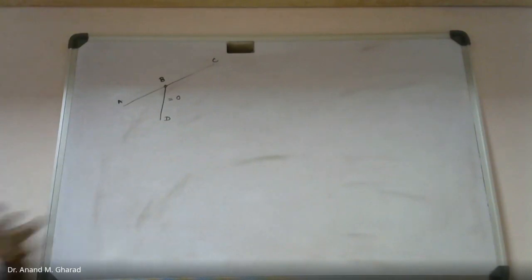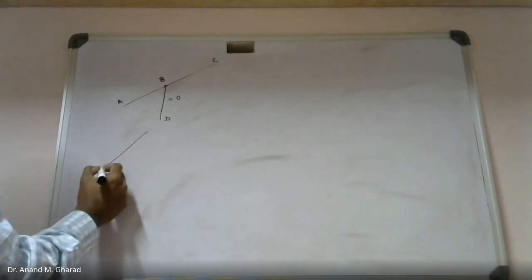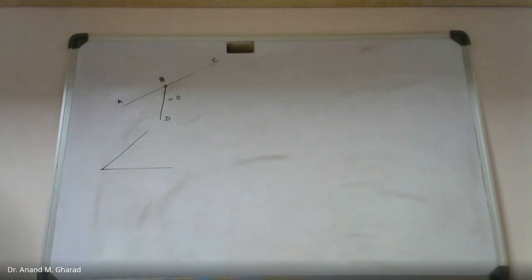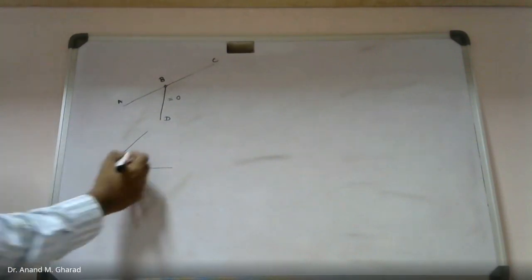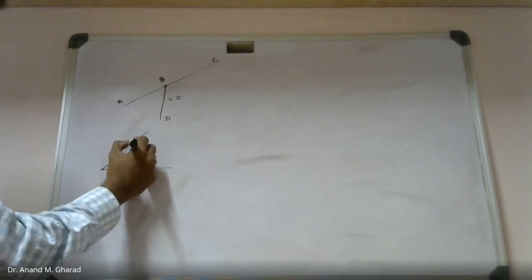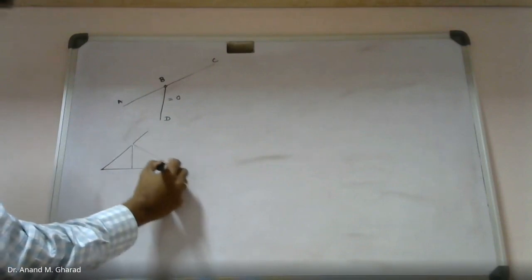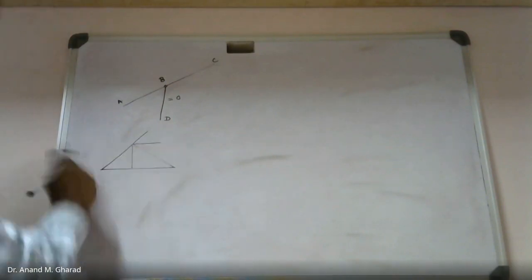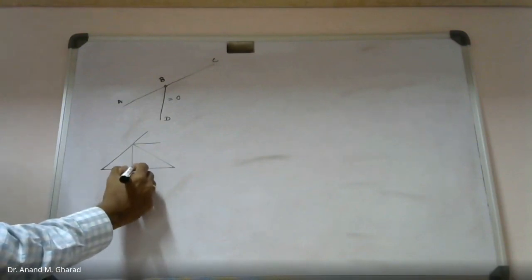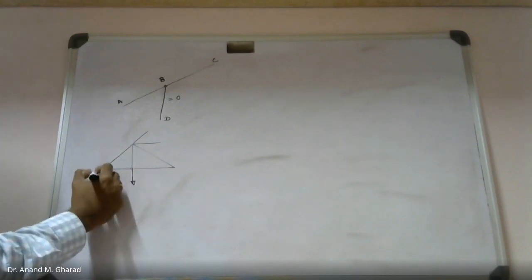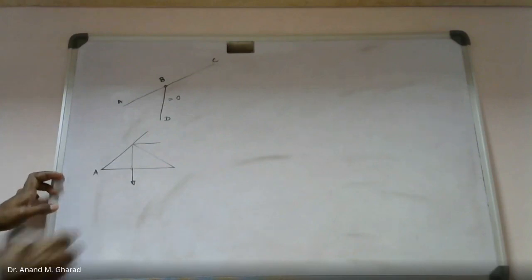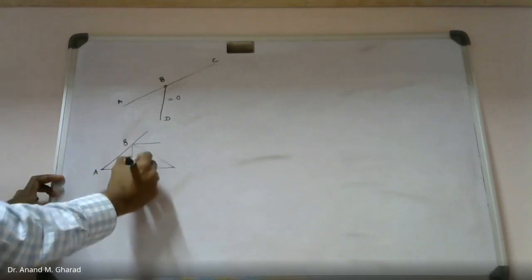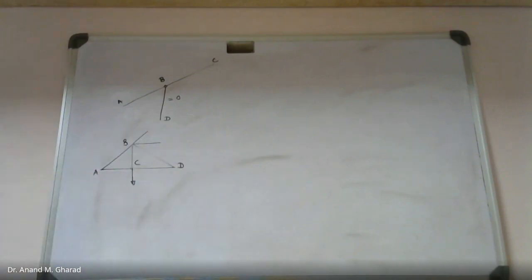if at all, for example, such is the situation, if this is a part of truss like this, something of this sort. I have not drawn the complete figure, but in case such is the situation, and these are the notations, for example, this is A, B, C and D, let's say.